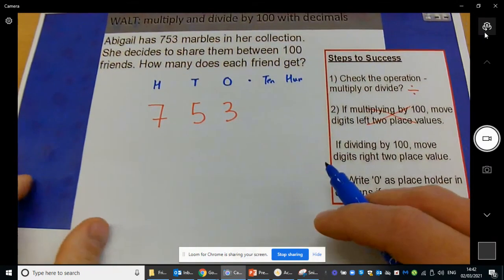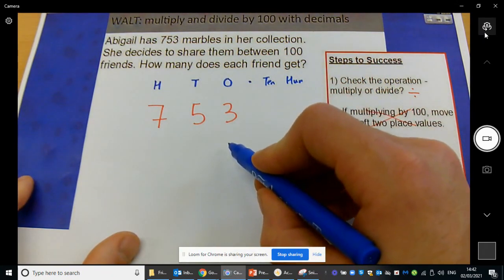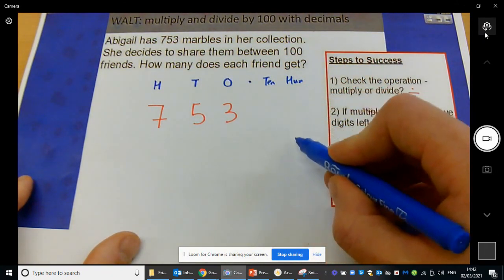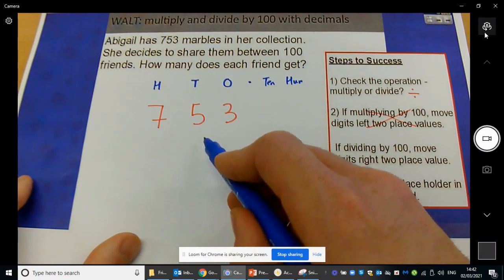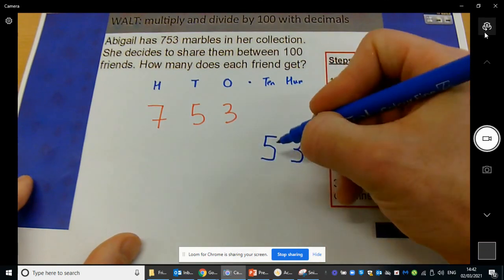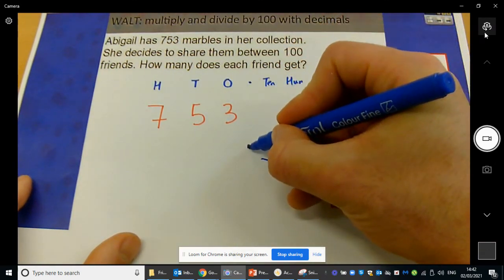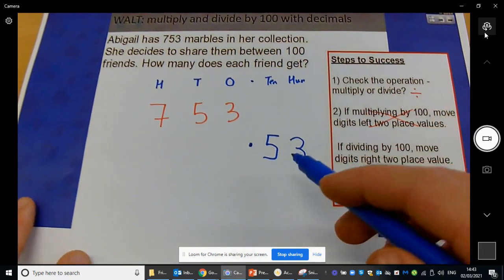So, if we're moving everything right 2 place values, the 3 ones is going to become 1, 2, 3 hundredths. The 5 tenths is going to become 1, 2, 5 tenths. Remember that decimal point now. We need it. We didn't need it for the 753, but we definitely need it now.